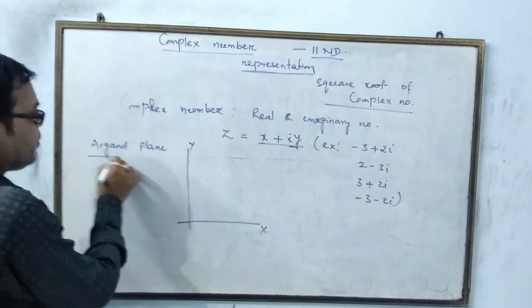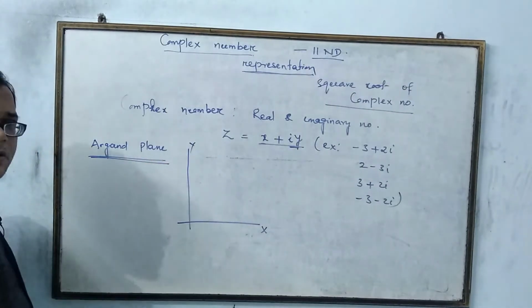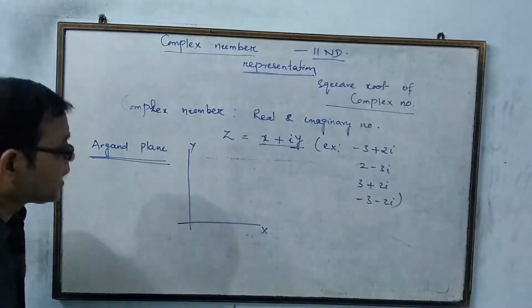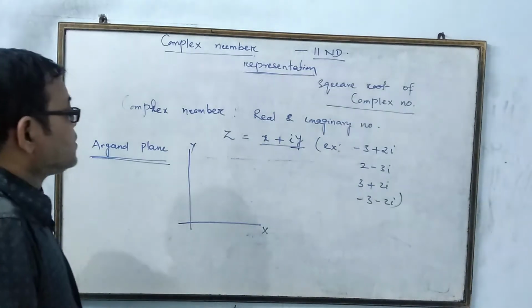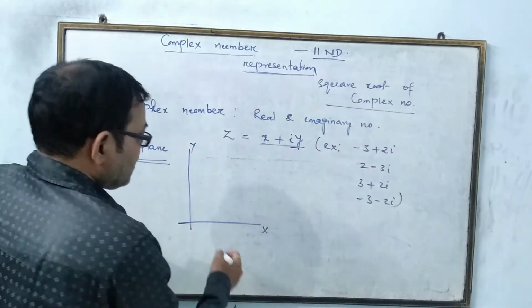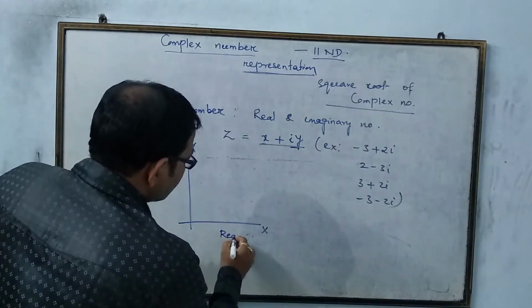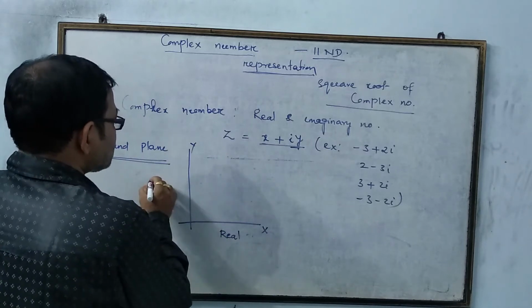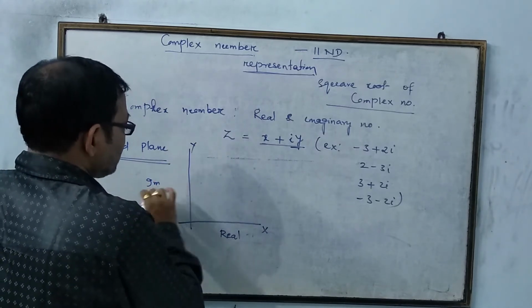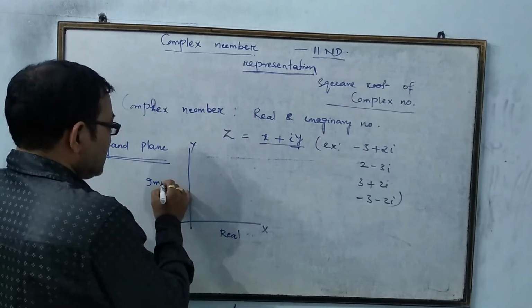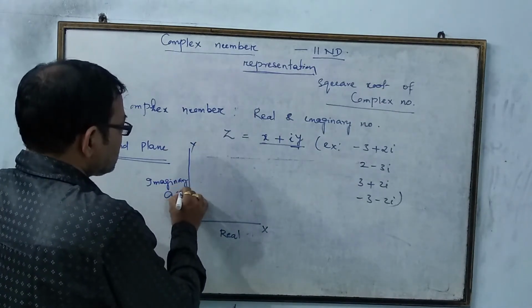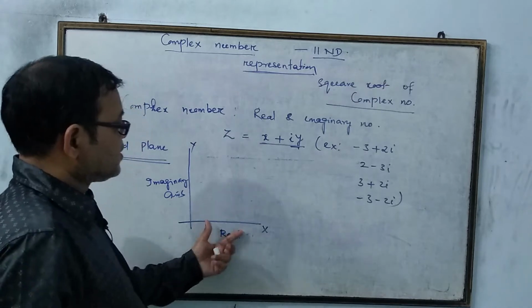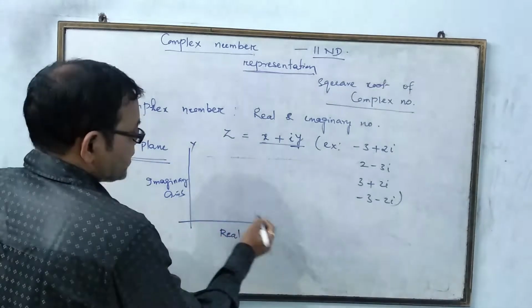The plane which represents a complex number is called the Argand plane. In the Argand plane, the x-axis is the real axis and the y-axis is the imaginary axis.